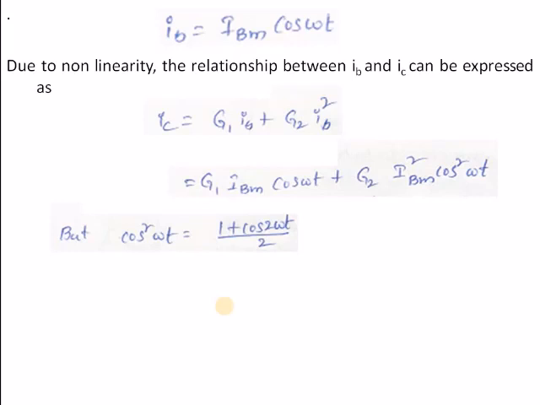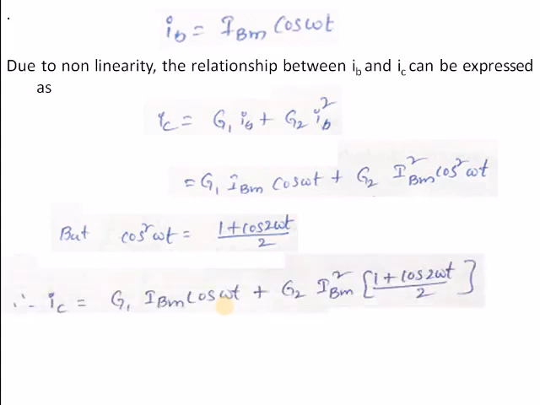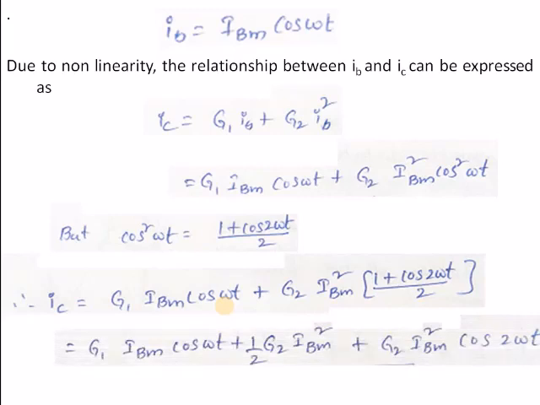So we can write cos square omega t is equal to (1 plus cos 2 omega t) by 2, and replacing in the above equation, the IC equation becomes IC is equal to G1 IBM cos omega t plus G2 IBM square (1 plus cos 2 omega t) by 2.